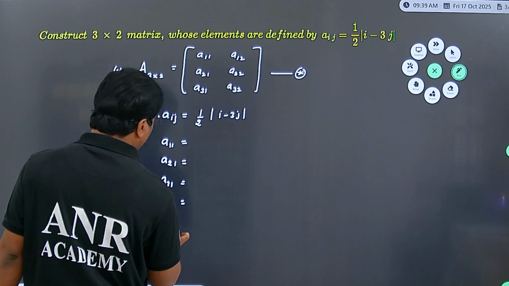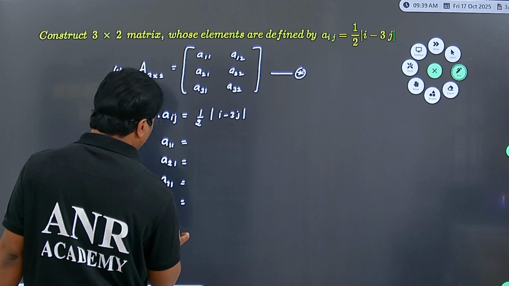A11 is written as half of modulus 1 minus 3 into 1. Next A21: half of modulus 2 minus 3 into 1, i value 2, j value 1. Next A31: i value 3, j value 1.